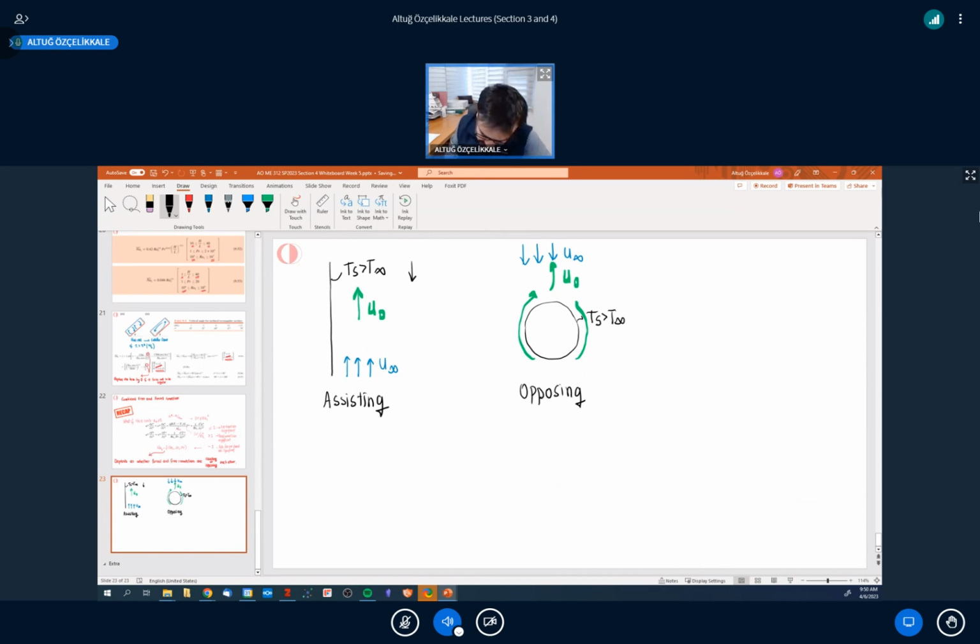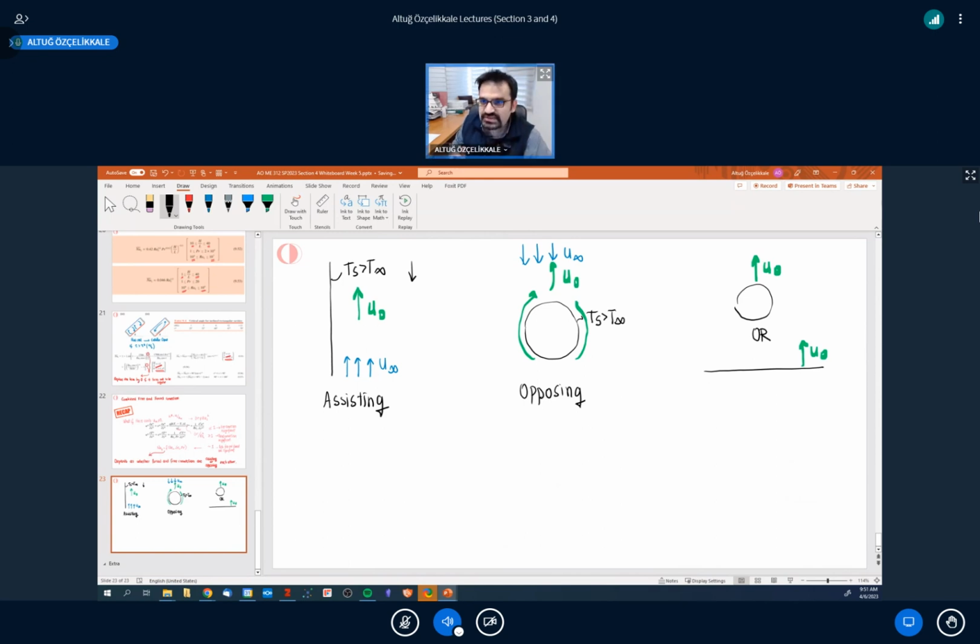How about, for instance, we have those two conditions. Let's say that's a cylinder or a parallel plate with, I'm going to simply write, how about that's u0 over a horizontal plate, or that's u0 from here.